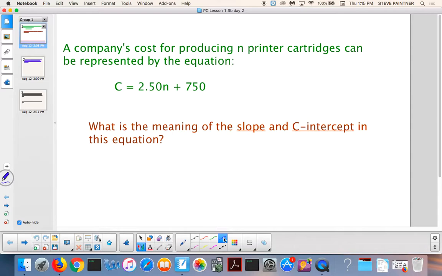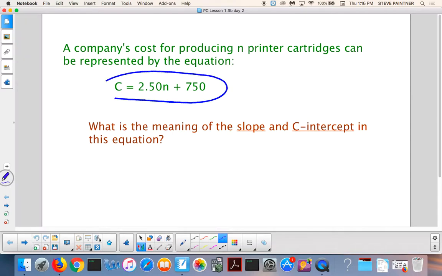All right, this one they actually just give you the equation right here. This is the equation to the problem up here. So if we read it, it says a company's cost, and cost is represented with C, for producing N printer cartridges. So now they're using N for what? The number of printer cartridges produced can be represented by this equation down below. So once again, C is what?